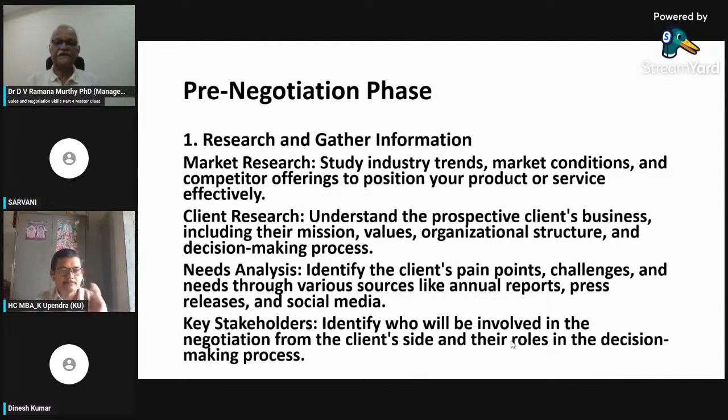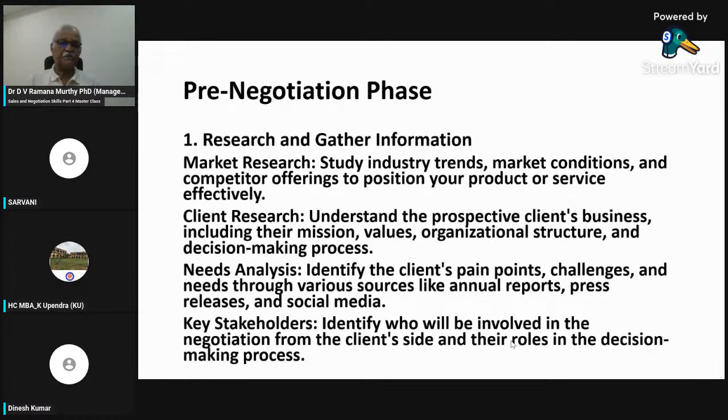The pre-negotiation phase is a research-based homework that the sales organization needs to do in order to understand clearly what the market is all about: the industry trends, market conditions, and competitors' offerings with regard to their own products, because that helps you position your product before the clients.